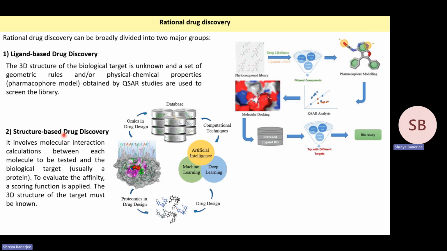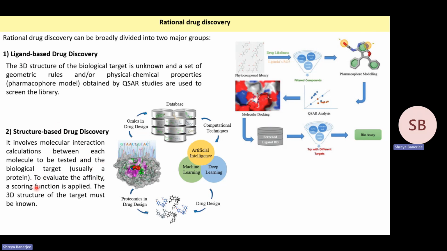The other method is the structure-based drug discovery, which involves molecular interaction calculation between each molecule to be tested and the biological target, which is usually a protein. So in structure-based drug discovery, the biological target is known, and we have a list of possible drug molecules that we are testing with the biological target. And we are checking the binding affinity of the ligand for the target.